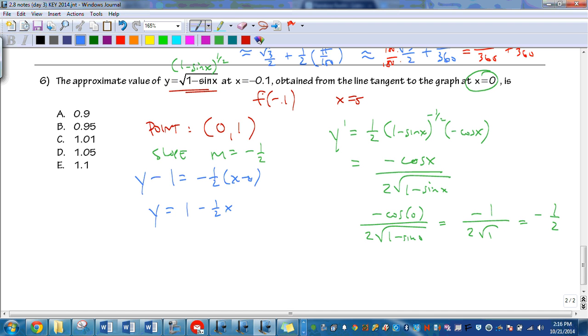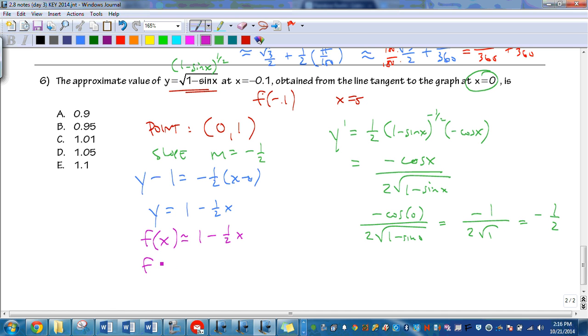So we want to go ahead and approximate at negative 0.1. We're going to go ahead and substitute that in for x. Right, so technically our linear approximation f of x is approximately equal to 1 minus 1/2 x.